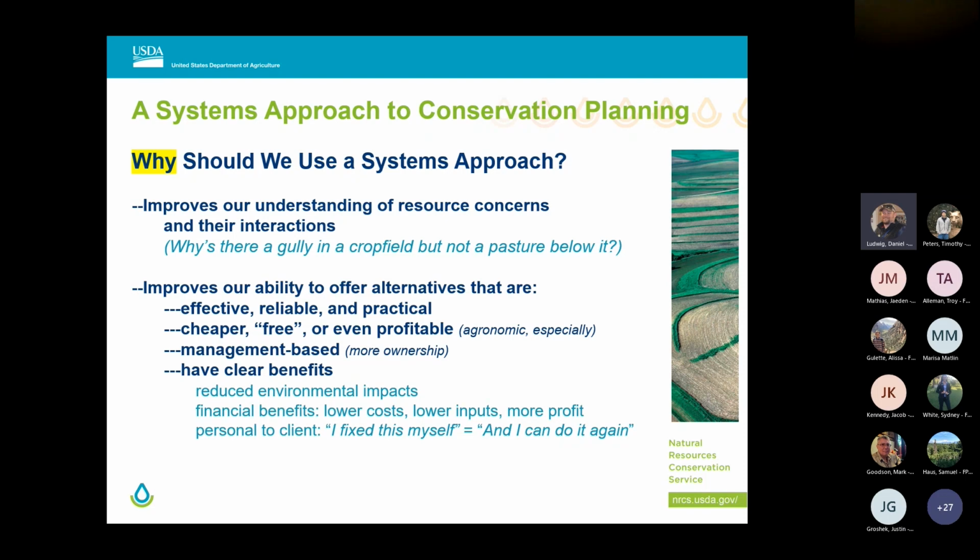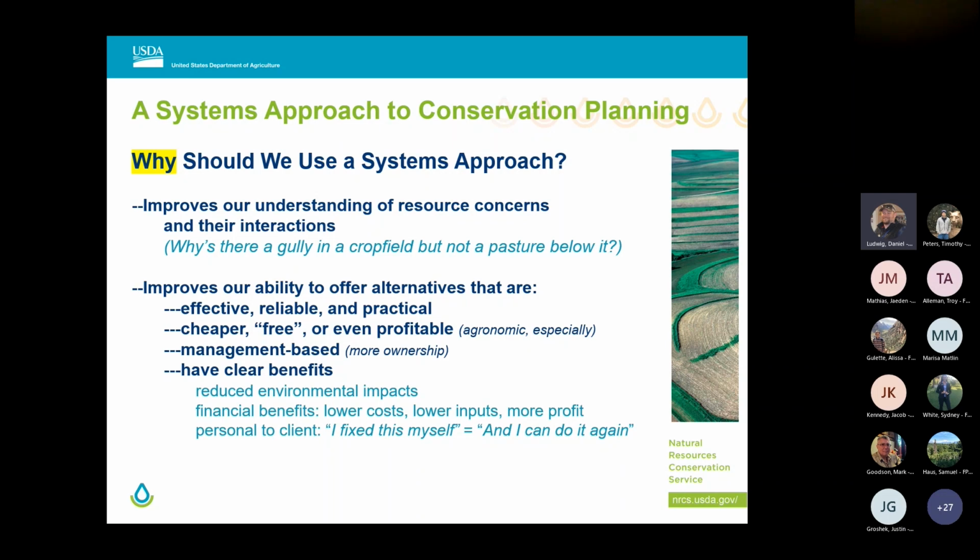But again, looking at why we should use that systems approach, because it improves our ability to offer different alternatives. Remember, as conservation planners, we're developing multiple alternatives for the producer to consider in order to treat the resource concerns that we identify. So again, when we're looking at our alternatives, there's different things we should be looking at. We should be offering alternatives that are effective, reliable, and practical.